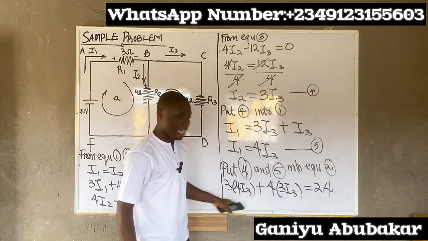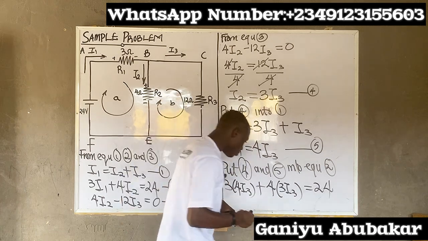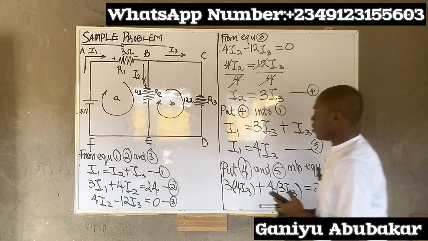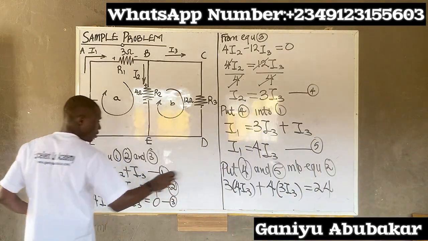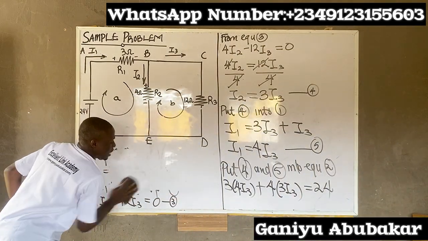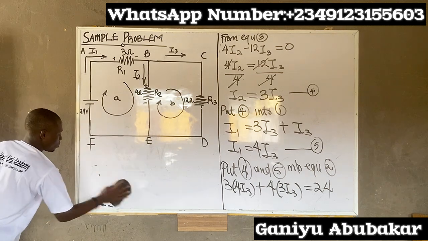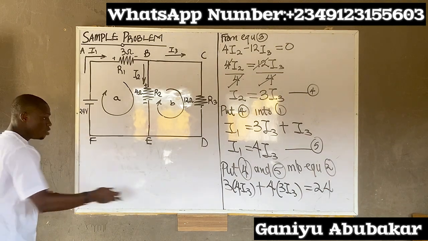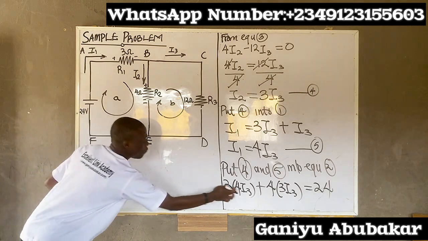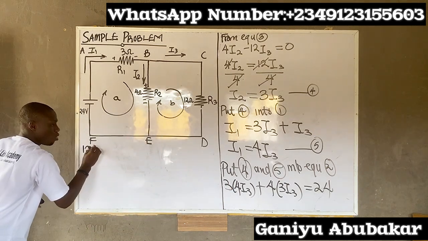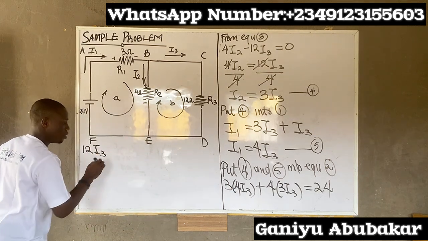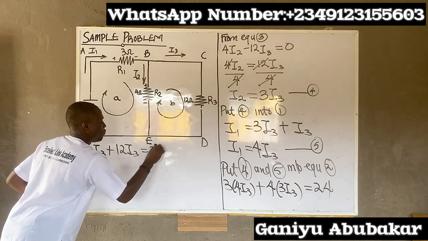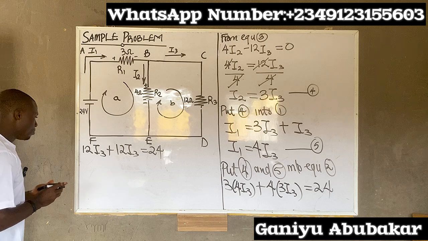It's clear that I can get I3 from here. Let's get I3 from here. This is 3 times 4, which is 12. That gives you 12I3 plus 12I3 equal to 24.